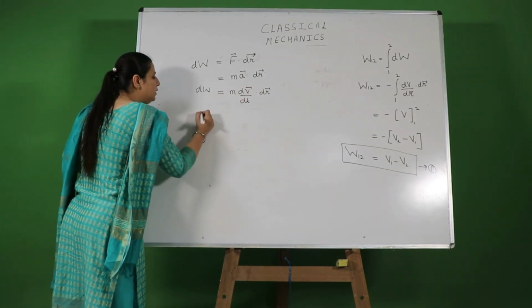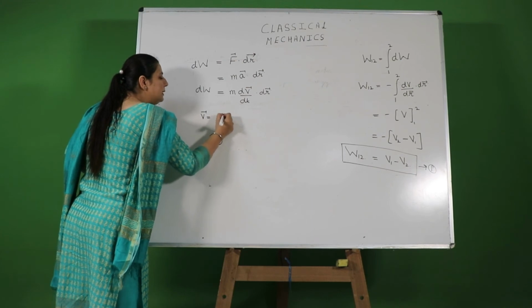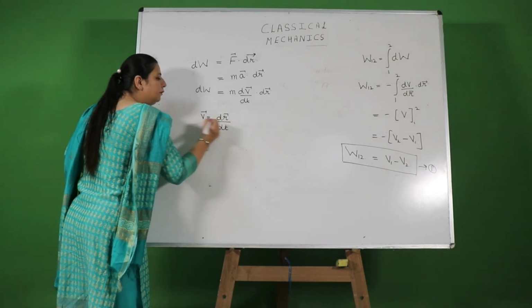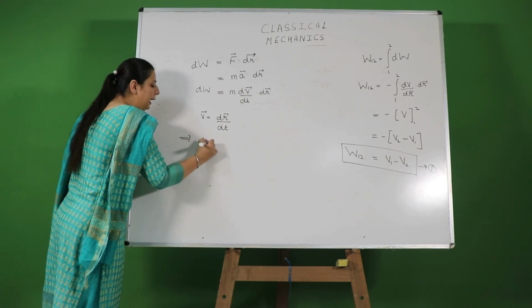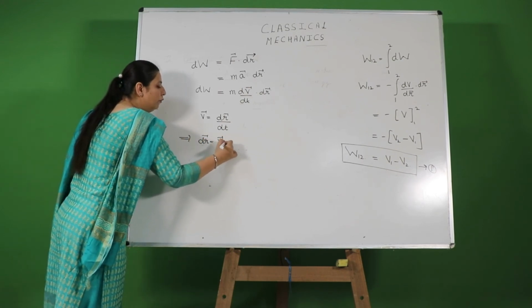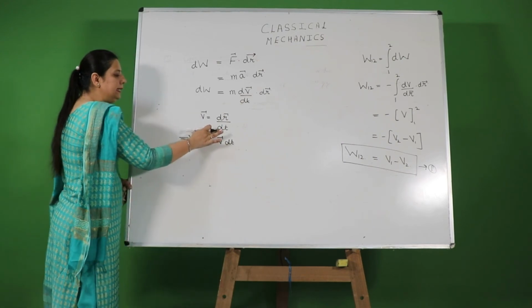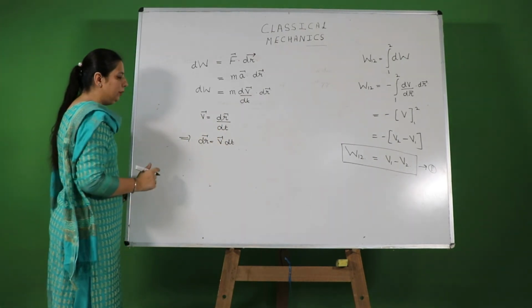So we know what velocity is. It is nothing but rate of change of displacement. So I can write dr as v into dt. This dt I have taken to the other side.